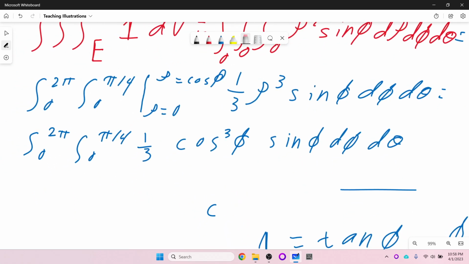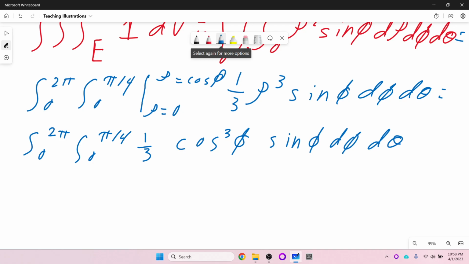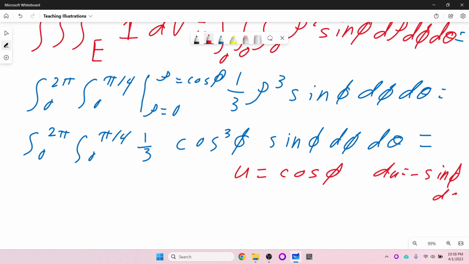Okay, I'm gonna erase all this, whatever that's from earlier. All right, this phi integral is a u sub. We can say u is cosine of phi, and du is negative sine phi d phi.